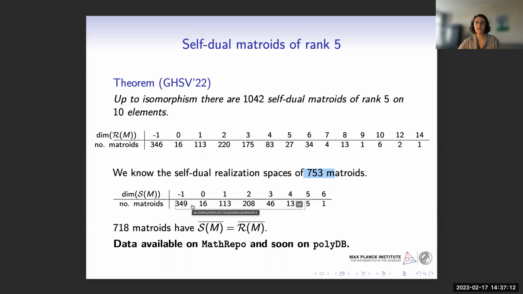So this already tells us that for rank 5 matroids, we see matroids that are self-dual, but cannot be realized in terms of a self-dual point configuration. And in general, the self-dual realization space will be smaller than the realization space.